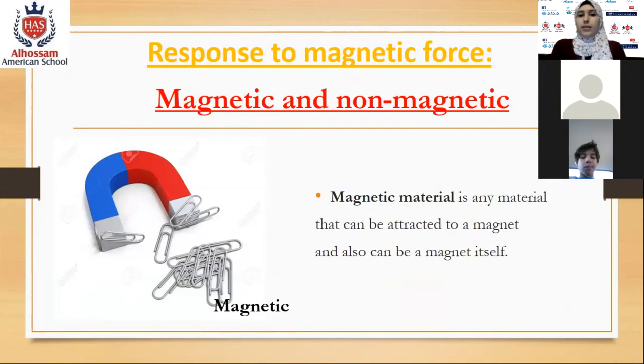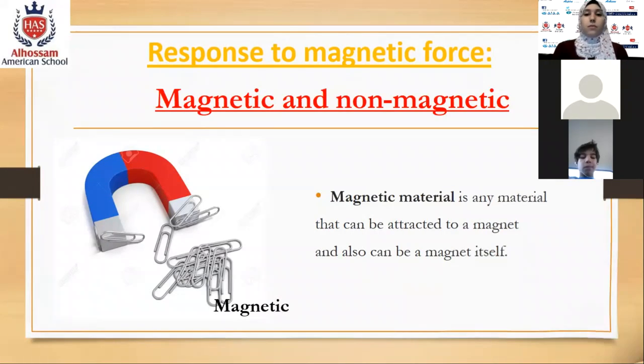We also talked about the response to magnetic force, if it's magnetic or non-magnetic. We said that magnetic materials are materials that can act as magnets and also can be attracted to magnets. They can either attract magnets or be attracted to magnets, or they can act themselves as magnets.